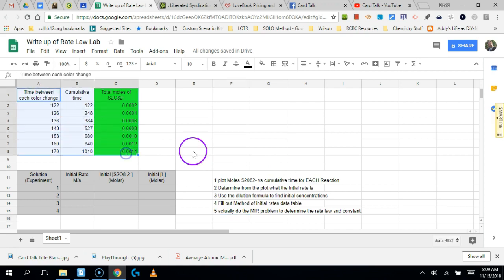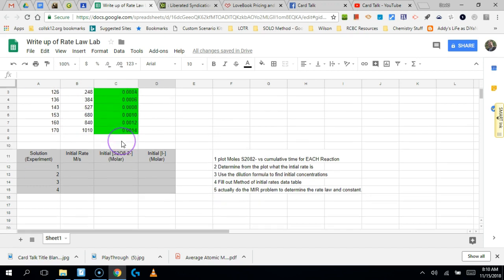This data from the lab you should have. Now we're going to take this data, cumulative time versus total moles of S2O8 2-, and plot that, making sure that time is on the x-axis and total moles is on the y-axis.